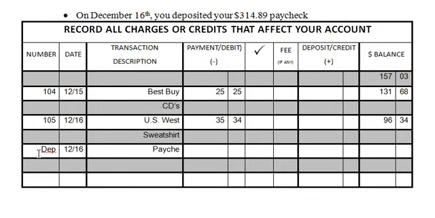So we're going to put paycheck. We're not going to be putting the amount under payment or debit. It's going to go under deposit or credit. It was for $314.89. And then we get our running total by adding this, and it's $411.23.